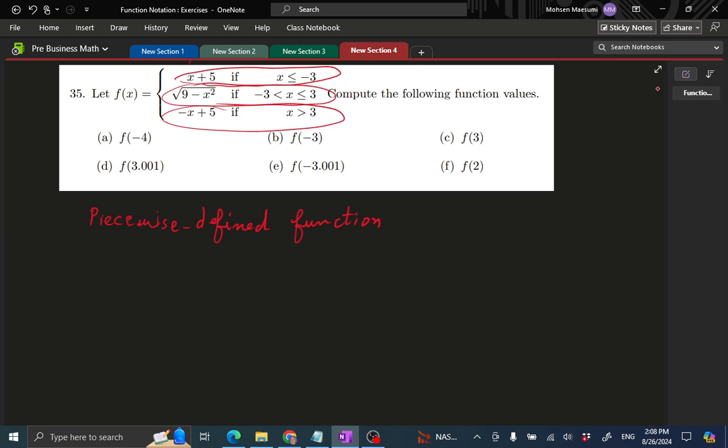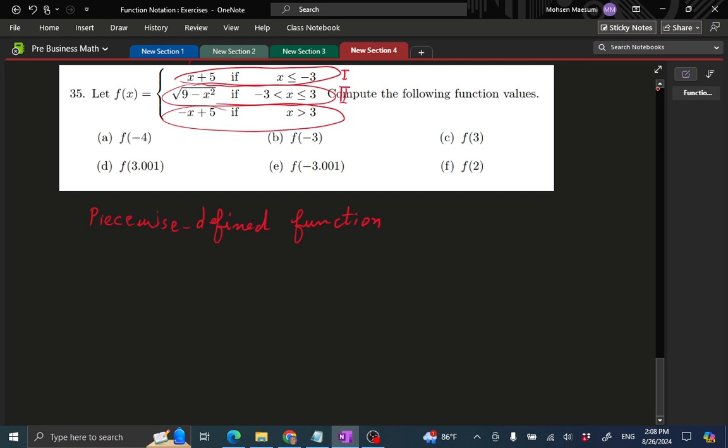So same way in mathematics, we play some kind of a scenario. We say if you have an input x, first decide which category x belongs to. Let's call this category 1. Is your x less than -3 or at most equal to it? If so, use this formula, x plus 5. Then we have category 2.